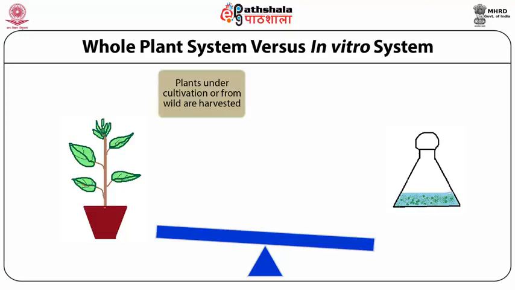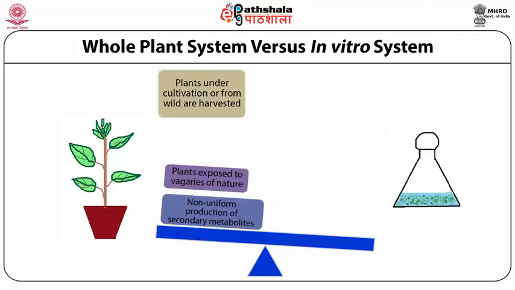In addition, whether the plants are growing in the field or we are harvesting them from the wild, they would be exposed to the vagaries of nature, and as a result, the yields would vary. So in order to have consistent yields, it would not be a good option.